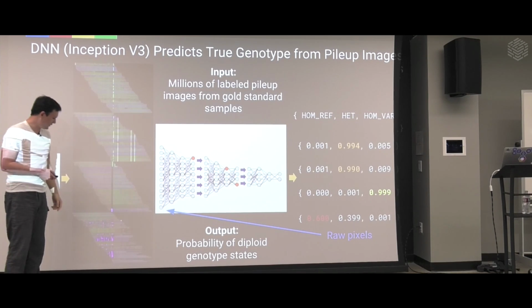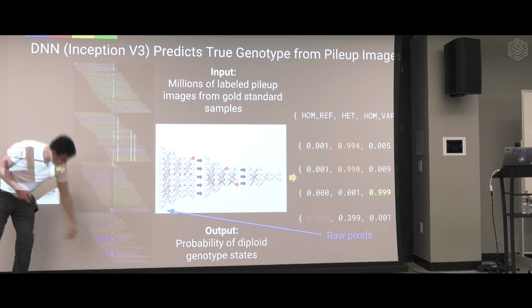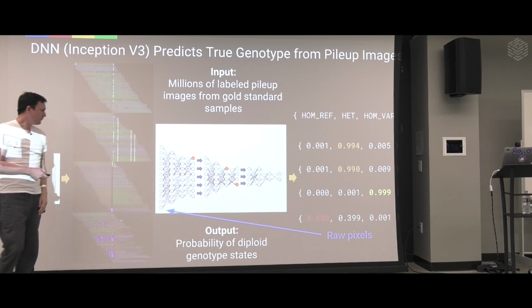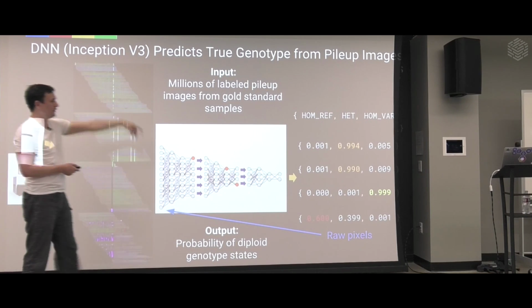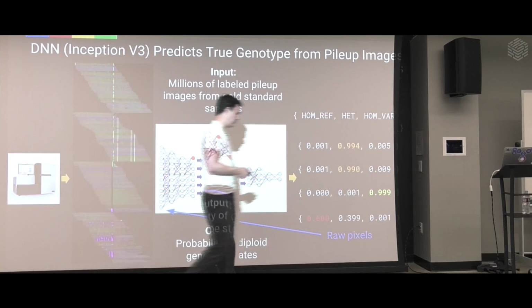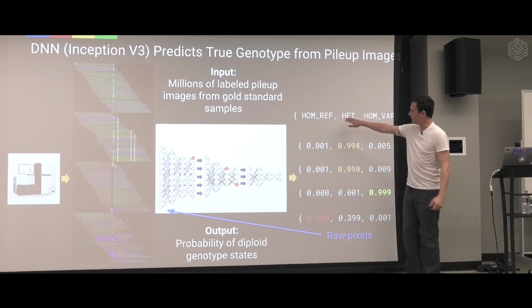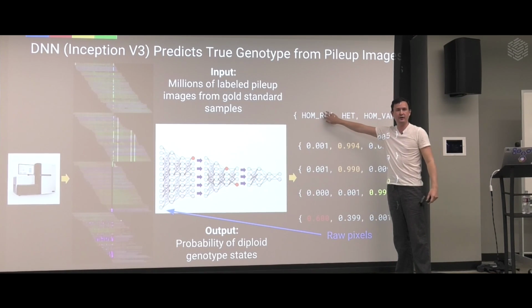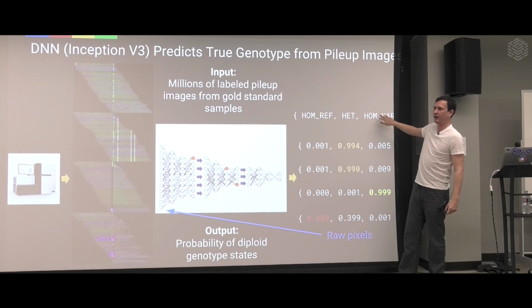And then feed these, you can see there's a bunch of low quality reads here. There's a lot of mismatches to the reference, but it's not really clear there's a pattern. That happens sometimes. Feed it into this convolutional neural network as raw pixels from this image. And the output of this thing, if you train it on clearly labeled data, it will tell you whether it thinks something is identical on both strands to the parent, different from the parent on both strands, or a mix of the two.